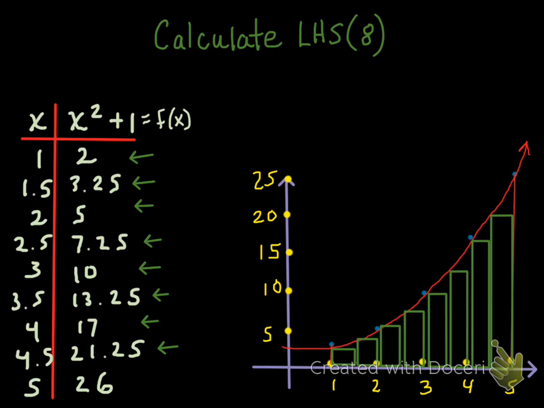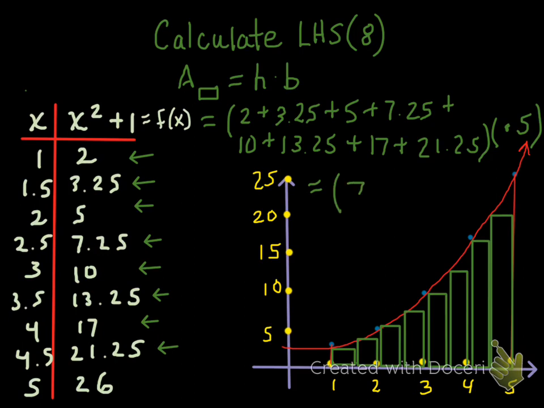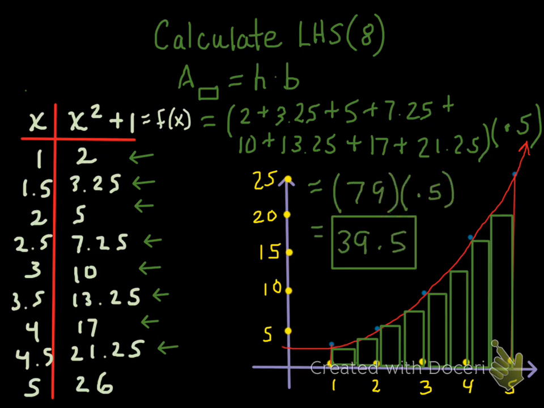I see this time that each rectangle has a base length of 0.5. Again, I'm thinking of the area as height times base. There are the heights of all 8 rectangles times the base length of 0.5. This gives us a sum of 79 times 0.5, a left-hand sum with 8 intervals equal to 39.5.